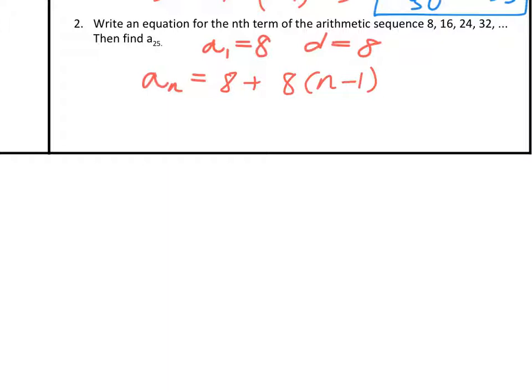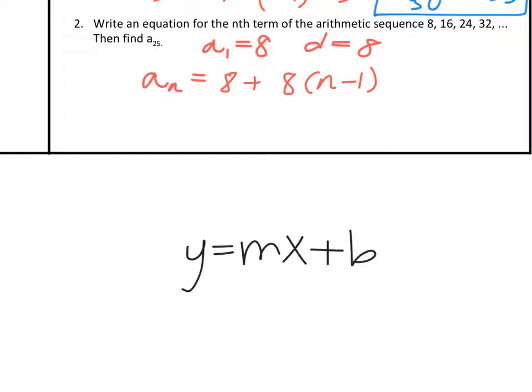Arithmetic are like linear functions. What formula is this like? This one. Where this is where it starts, and then this is how it changes, multiplied by how many times. So arithmetic is like linear, and so it's modeled based off of that.